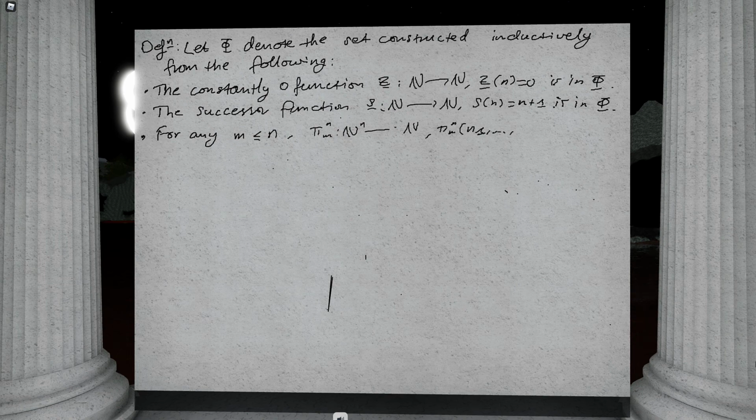Okay, so this is what we had in the original definition, but the extra stuff is going to be the addition function, the multiplication function, and then also we need the characteristic function of the relation given by the diagonal. So that's just the characteristic function of the equality relation.